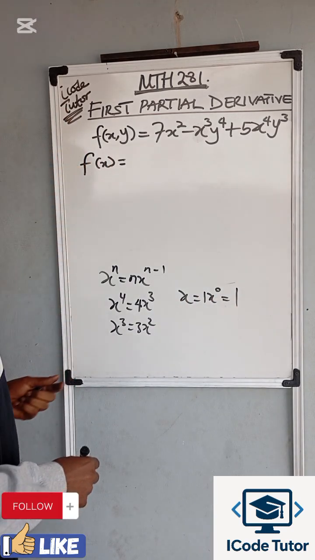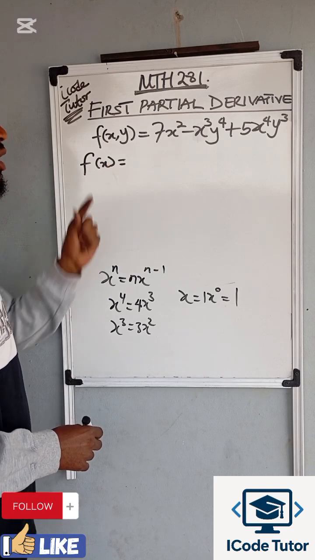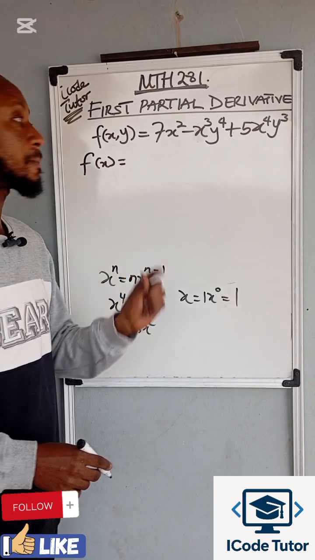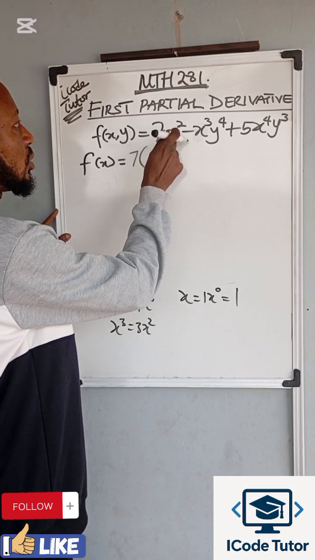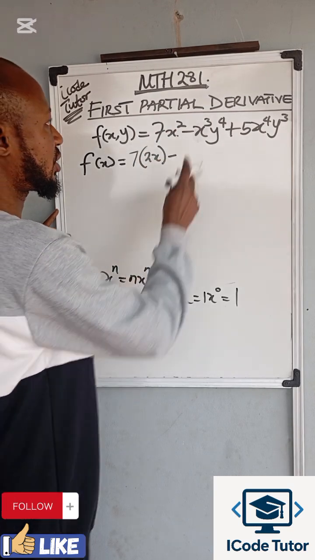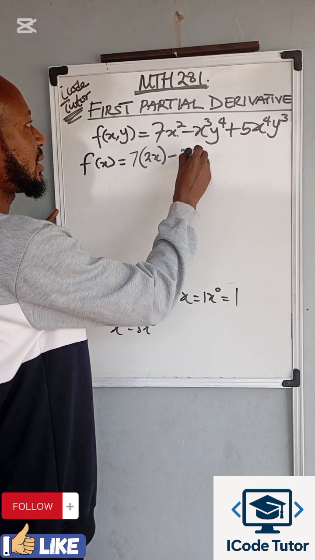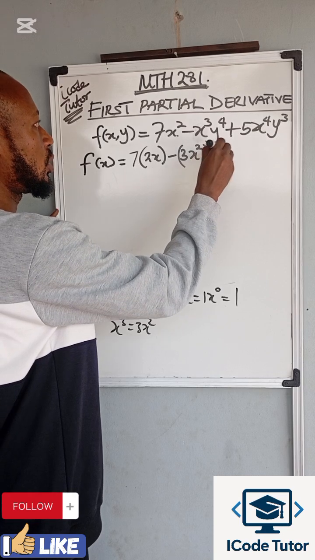Now, let's go back to the derivative with respect to x. All other variables will be treated as constants. This one will be 7 into the derivative of x squared, which is 2x, minus the derivative of x cubed, which is 3x squared, into y to the power 4.